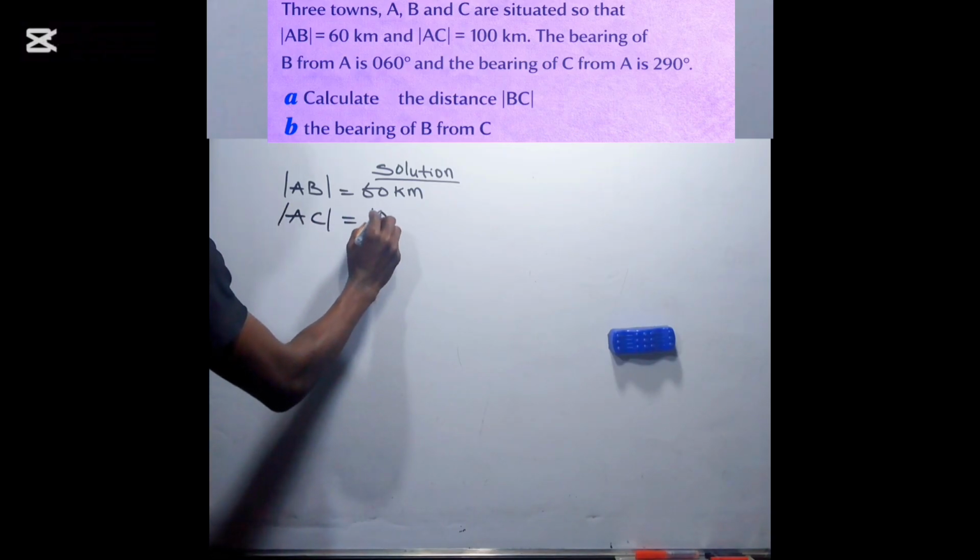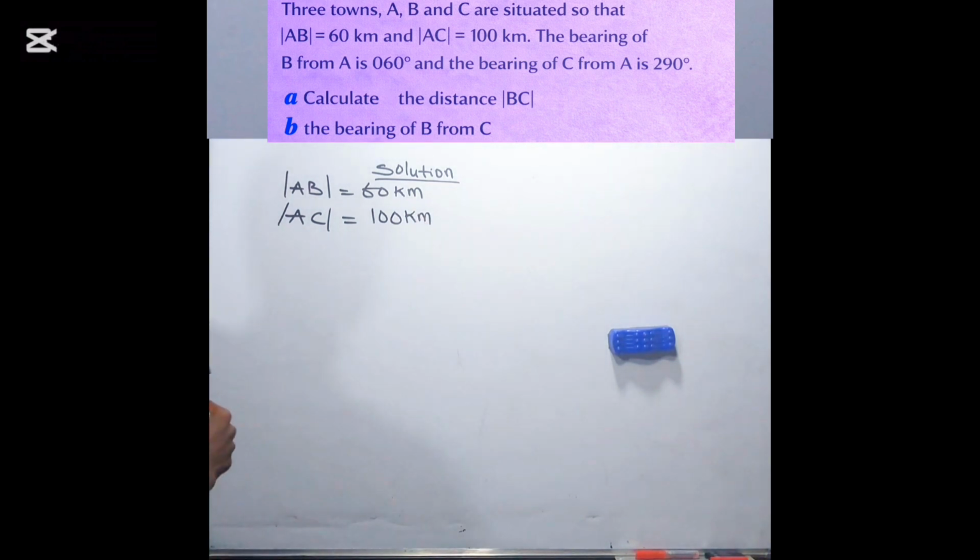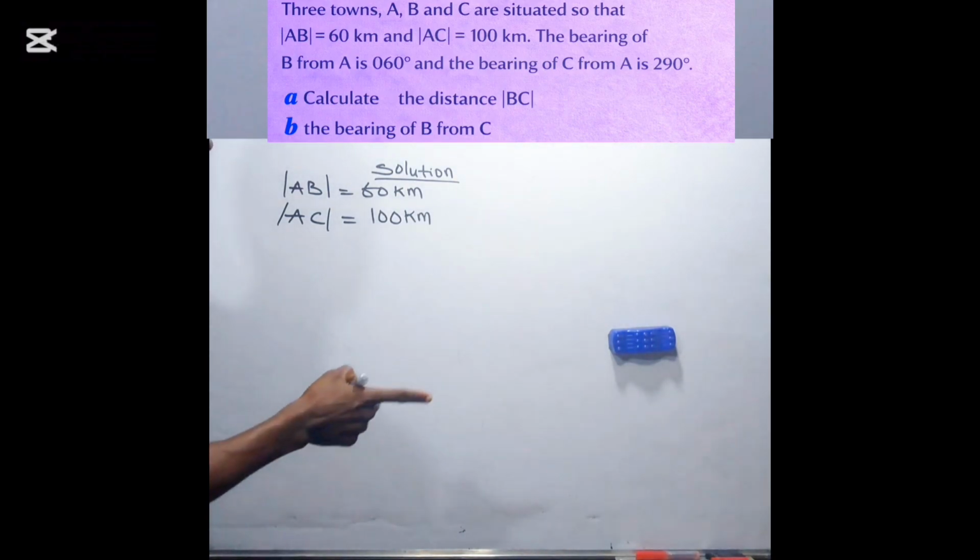The bearing of B from A is 60 degrees. That means the angle at A is 60 degrees since it is B from A.